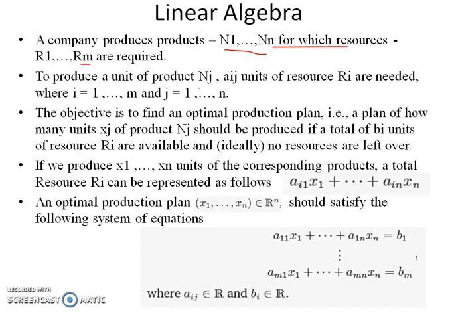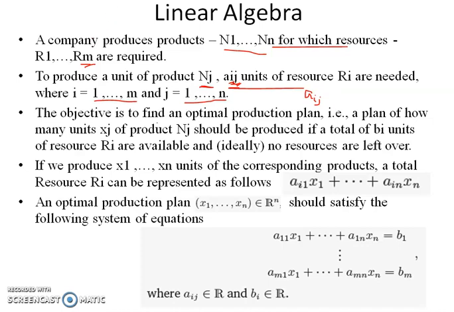To produce a unit of any product Nj, Aij units of resource Ri are required, where i denotes the resources, ranging from 1 to m, and j denotes the products, ranging from 1 to n. Aij is written with i and j as suffixes.